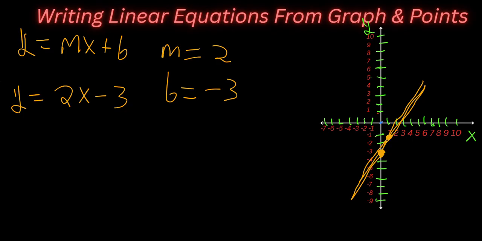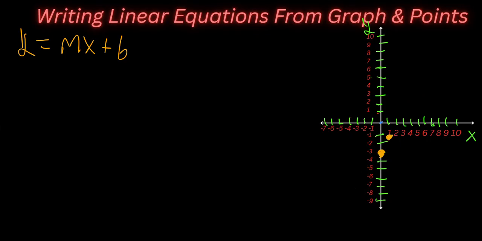Now what I'm going to give you is a graph. And you are going to interpret what the equation of that graph is. So let's see here. We're going to have a point there.